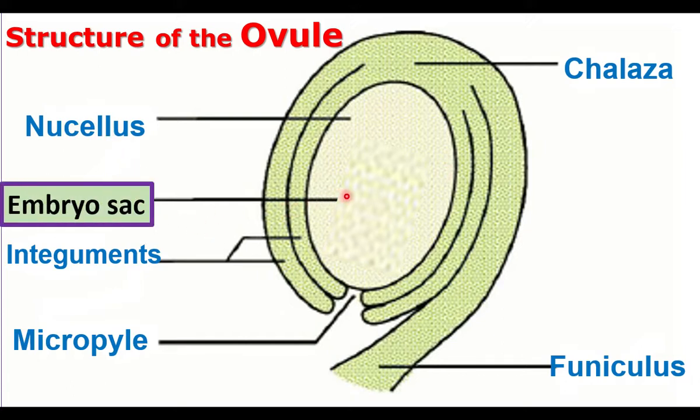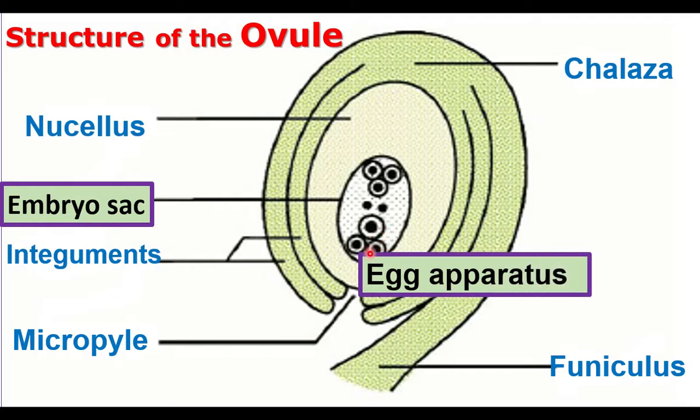Now let us see the structure of the embryo sac. It has 8 nuclei, nuclei plural, nucleus singular, and 7 cells. Let us see the parts of the embryo sac. The embryo sac has 3 cells at the base. This structure is the egg apparatus. The egg apparatus has 3 cells. The central one is the egg cell.